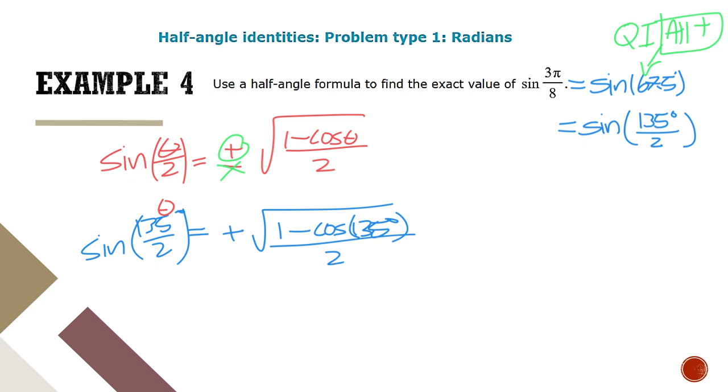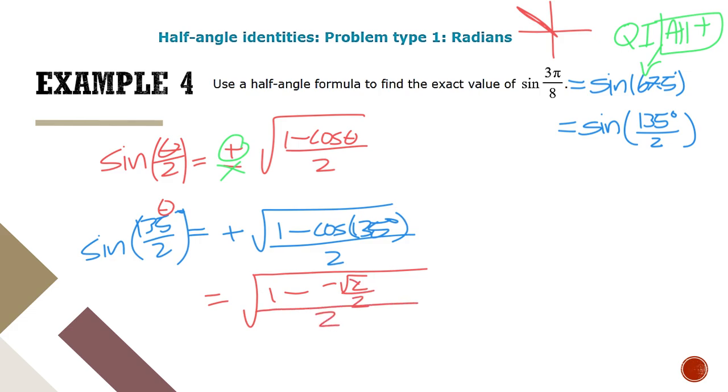And then divide it all by 2. So now, when you simplify that, we have the square root of 1 minus that cosine of 135, which, if you remember, is in this quadrant up here, which gives us a negative square root of 2 over 2. So we have negative square root of 2 over 2, and then it's still all over 2.